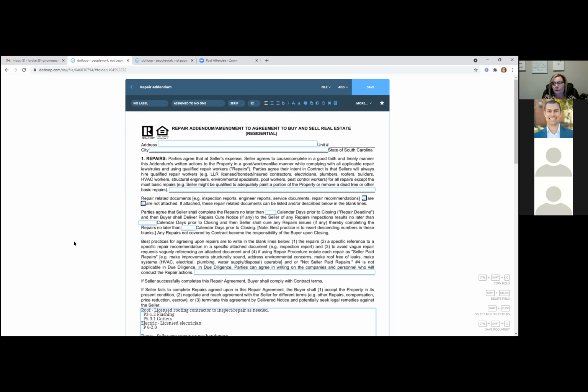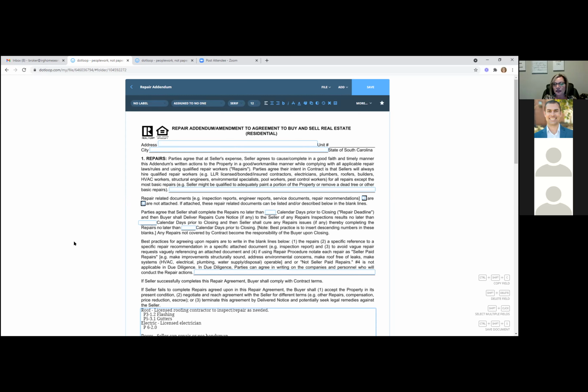If you're working with a buyer and the inspection report comes in, if I were you, I'd take the inspection report and do a repair addendum for them before you send them the inspection report. I would put all of the things that are contractual in there because you're going that one step ahead and helping them sort it out and understand.